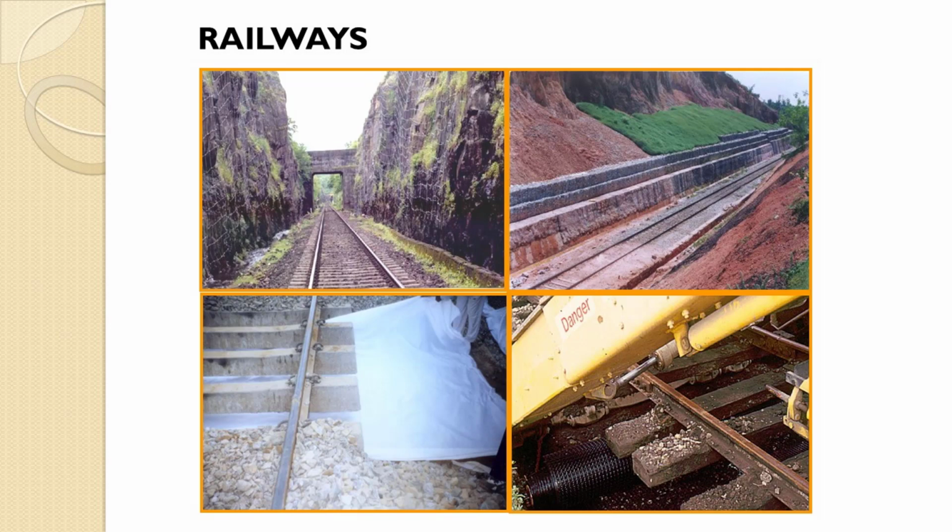That is, railway tracks are also semi-rigid pavements. They are also stabilized using the geogrid.